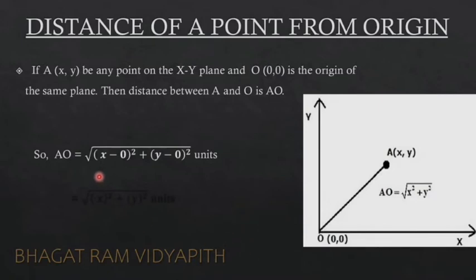We know that the distance between two points is root over (x1 minus x2) squared plus (y1 minus y2) squared. x2 and y2 are both 0 here, so we put 0 and 0 and simply get the value as root over x squared plus y squared units. This will again become simpler if we solve an example.